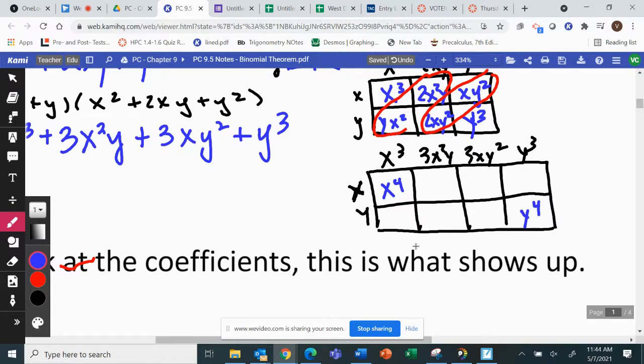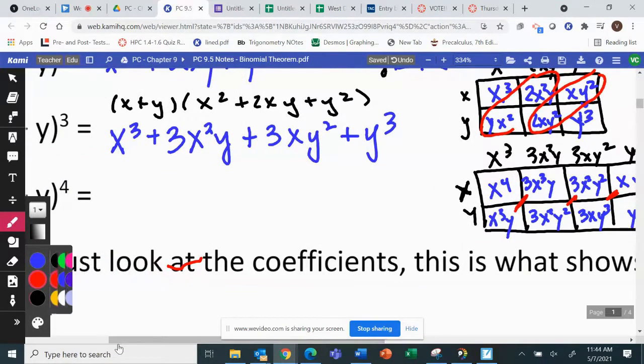Let's see, x to the fourth, 3x to the third y, 3x to the second y squared, and then xy to the third, x to the third y, 3x squared y squared, 3xy to the third. And then we look at our like terms, which are diagonal from each other.